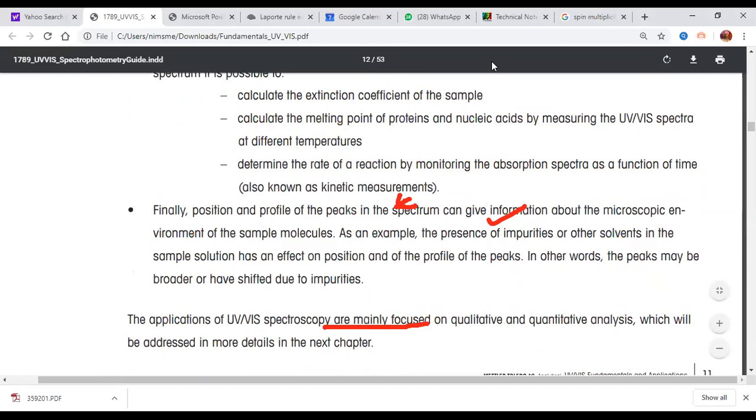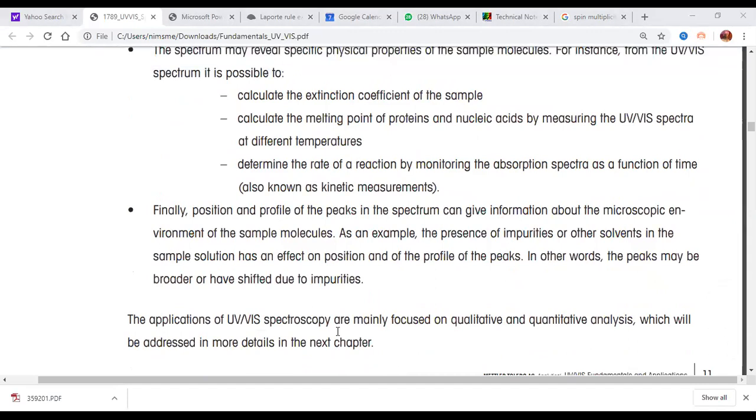Finally, the position and profile of the peaks in the spectrum can give information about the microscopic environment of the sample molecules. For example, the presence of impurities or other solvents in the sample solution has an effect on the position and profile of the peaks.